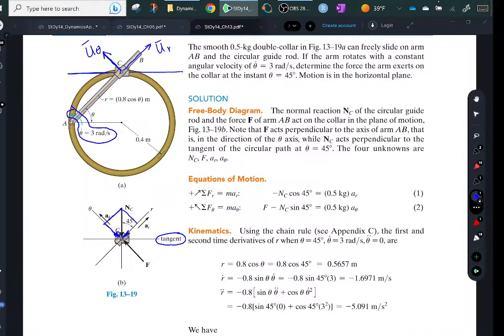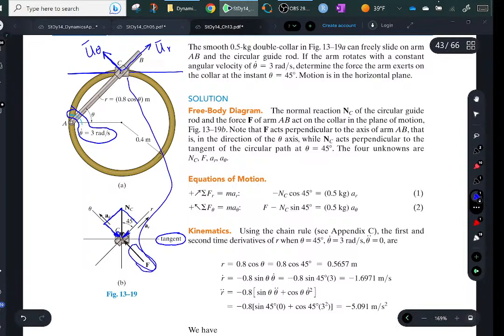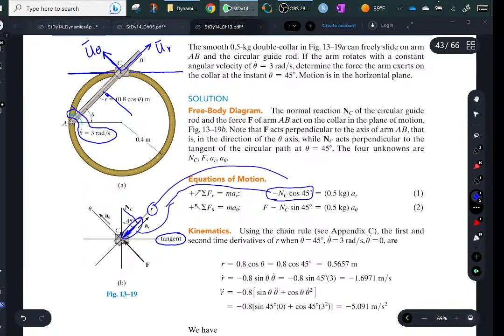And as it turns out, this force is pretty straightforward because the arm is pushing this way. So what you end up with is this being the component right here. This component is going in the negative r direction, because he decided that was going to be the positive.